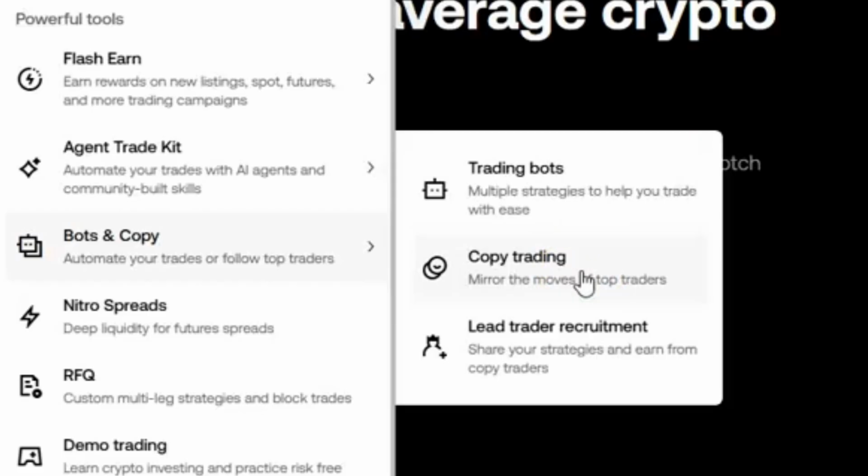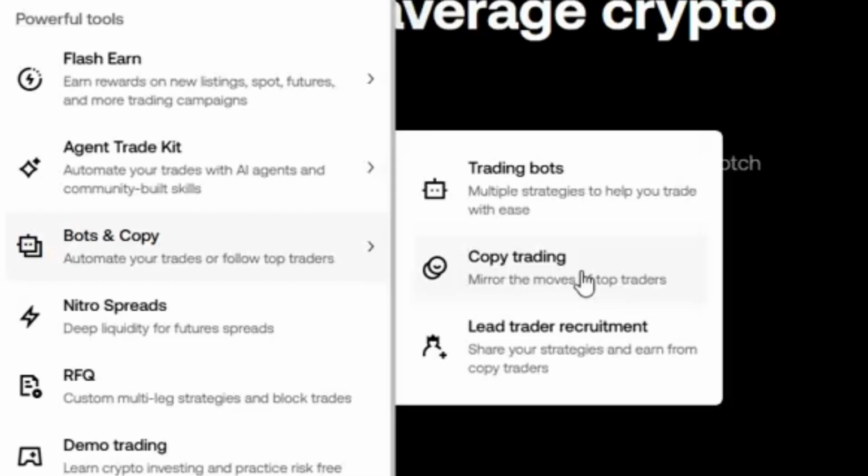Now, here's the good thing about OKX. You can start with $2. On Binance, you have to start with $10. You see the difference? So here, you can deposit $20 and then start with $2 so that you see how things are actually boiling down. Here's why I would want you to start with the $2.